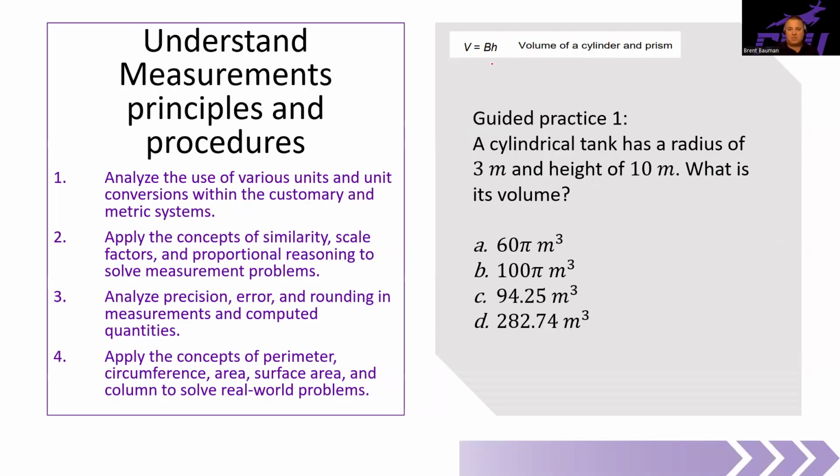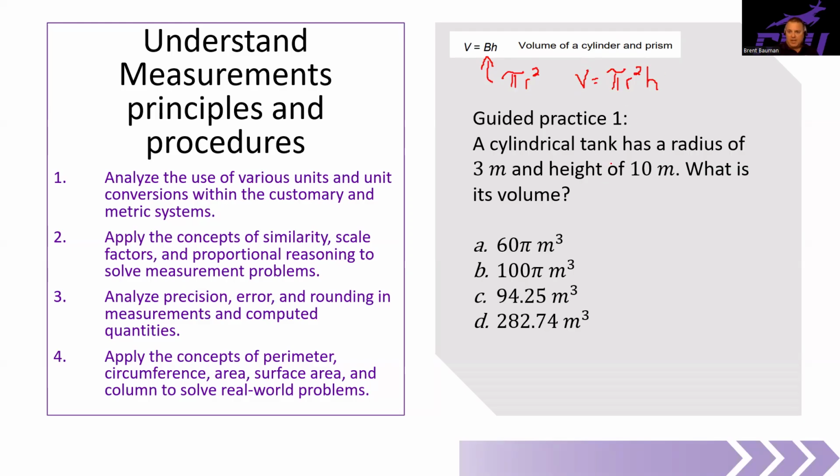If you think of a cylinder, we're dealing with a base that is a circle. So we need to remember that our base has an area of pi r squared. So really our formula for the volume of our cylinder is pi r squared times h.